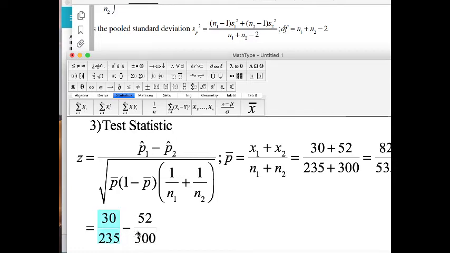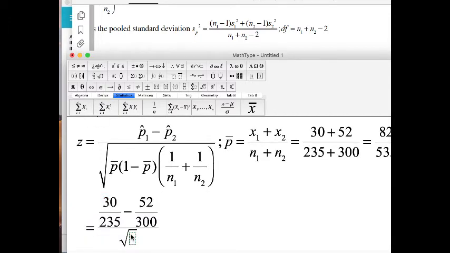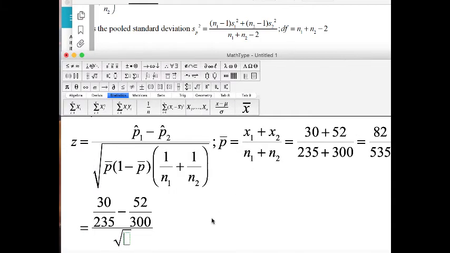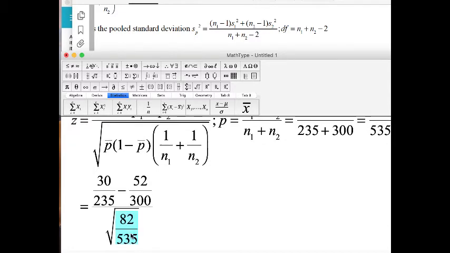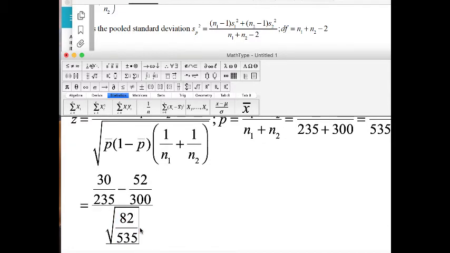We're going to divide all of that by the square root of P bar, and P bar was 82 over 535. I'm copying that so I don't have to type it again. And notice when I did that, how the square root stopped showing up. So just be careful on ALEKS that you don't slip outside of that radical.